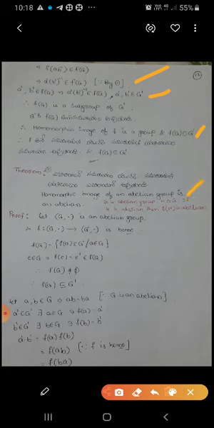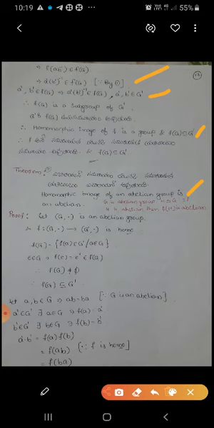Next theorem. The homomorphic image of an abelian group is abelian, or: G is an abelian group, H is a subgroup of G. If H is abelian, then phi of H is abelian.